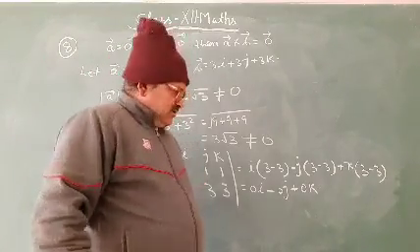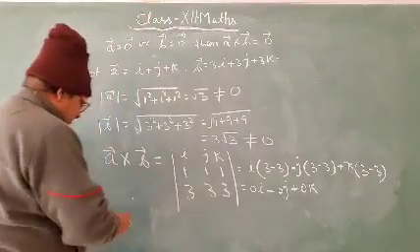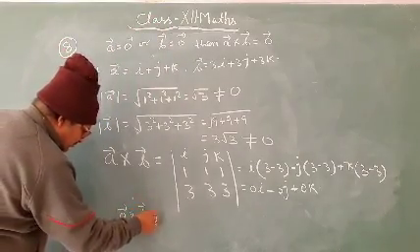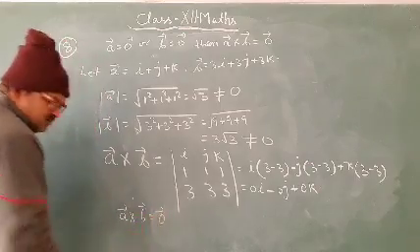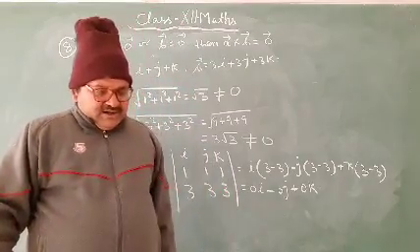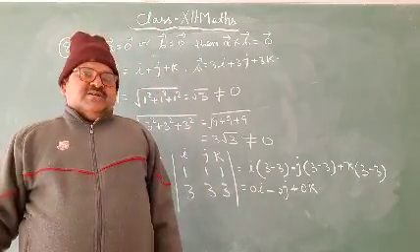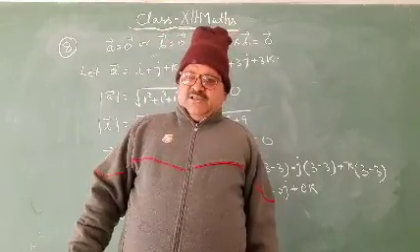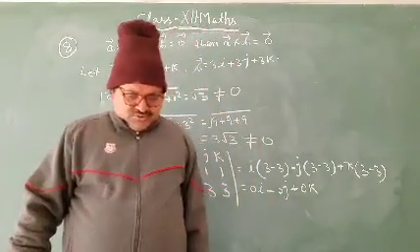So a cross b equal to 0 vector, and the modulus of vector a is not equal to 0 and the modulus of vector b is not equal to 0.